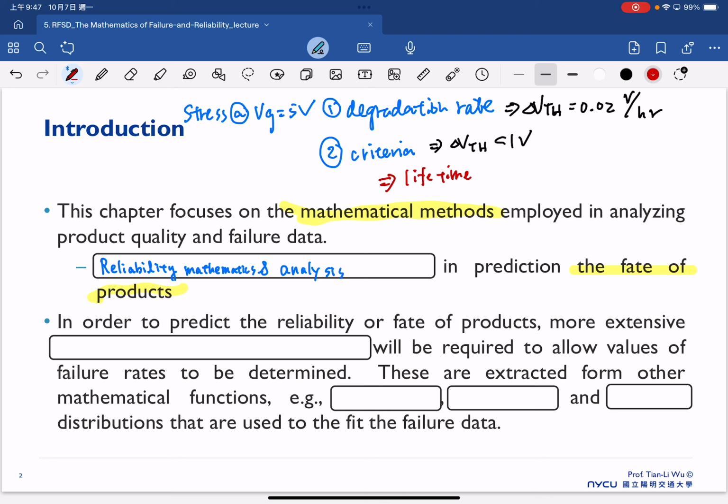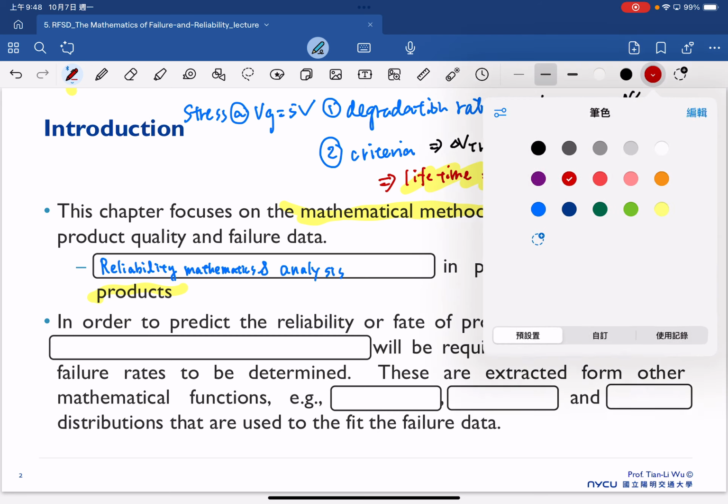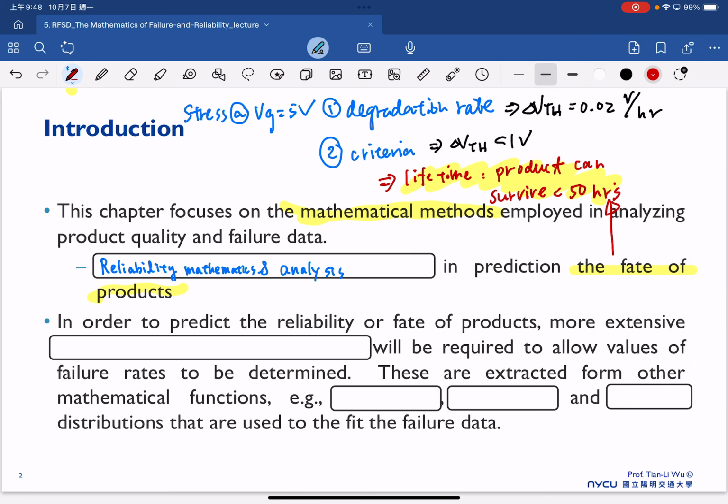So lifetime, that will be, this product can survive less than 50 hours. So that's this number, lifetime, is exactly the fate of the product. So that's a general goal.